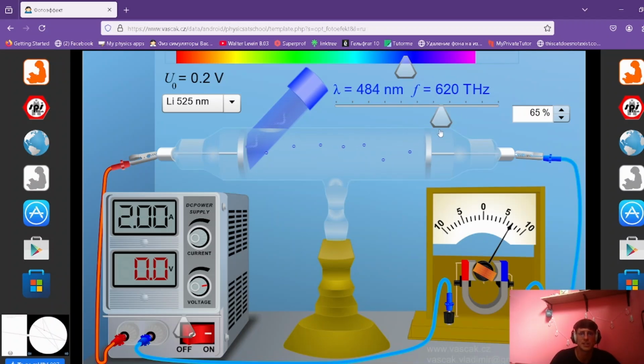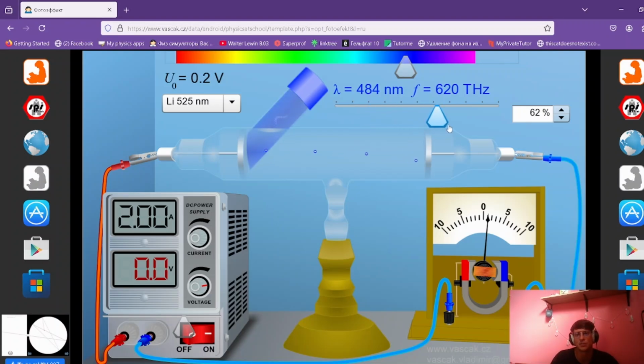If I change the intensity, current will change as well. For example, less intensity, less current, because less intensity means less photons per second. Less photons per second means less electrons ejected from the metal per second. So we have less current in our circuit.